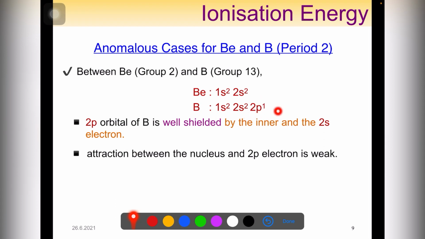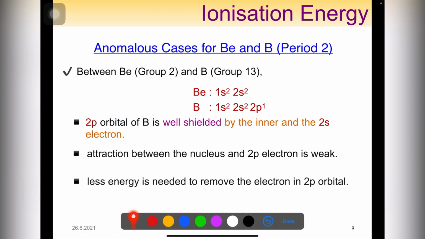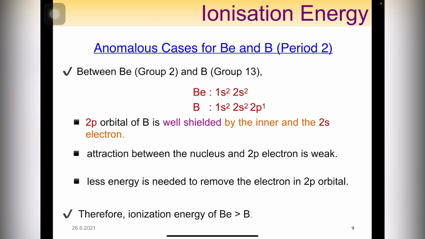The outer electron is well shielded by the inner electrons in the inner shell from the attraction with the nucleus. So the attraction becomes weaker, and it just needs less energy to remove the outer electron in 2p. So that's why the ionization energy of beryllium is higher compared to boron.